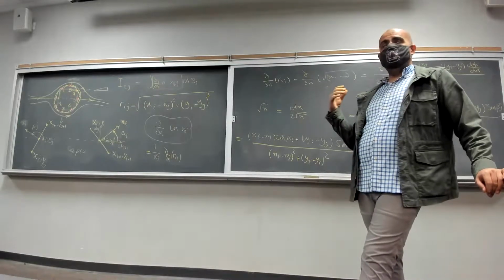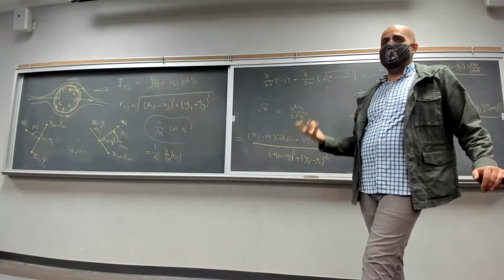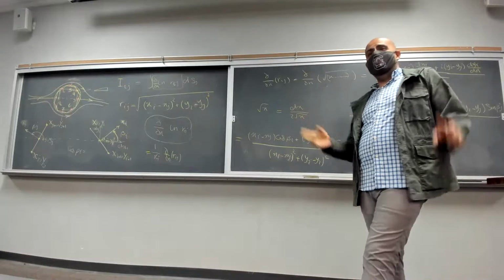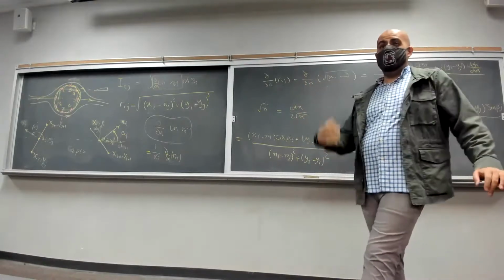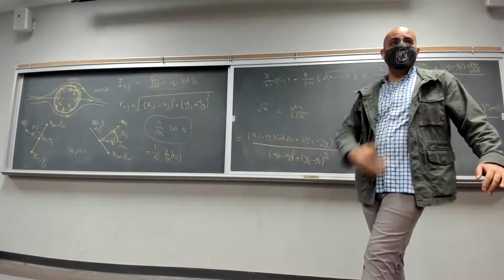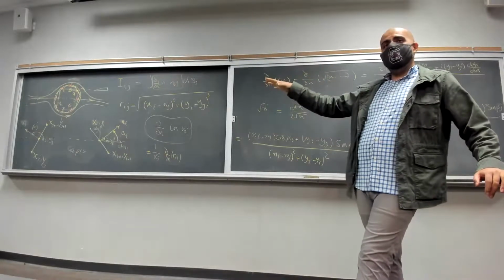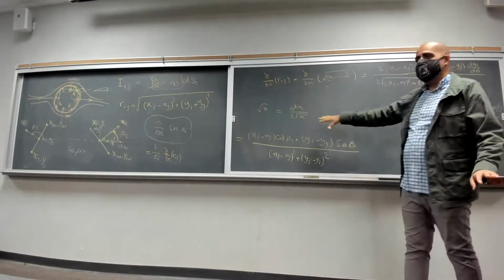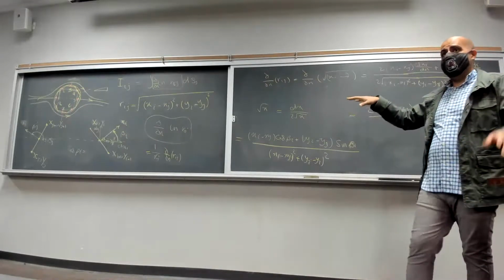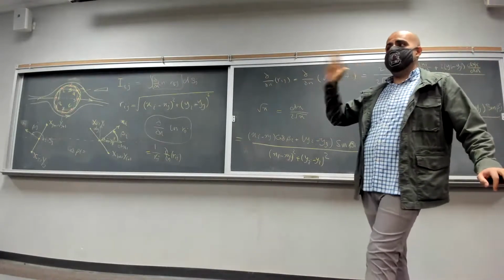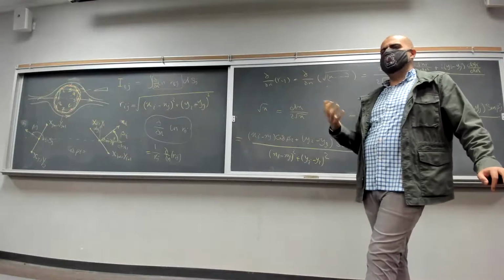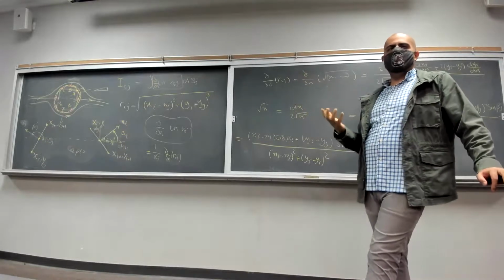The reason you need to understand this concept is that the other analytical theories that we are going to develop in the rest of the course are going to be based not on panel theory per se, but on the integral method we introduced in the beginning of the class, right? So you have to understand why this is important, what is the velocity induced at the point, or velocity potential induced at the point.